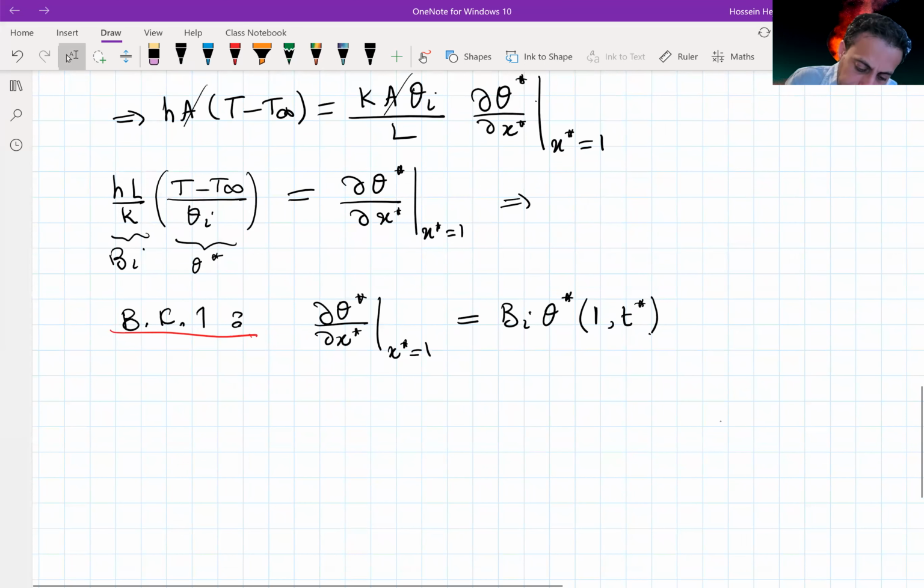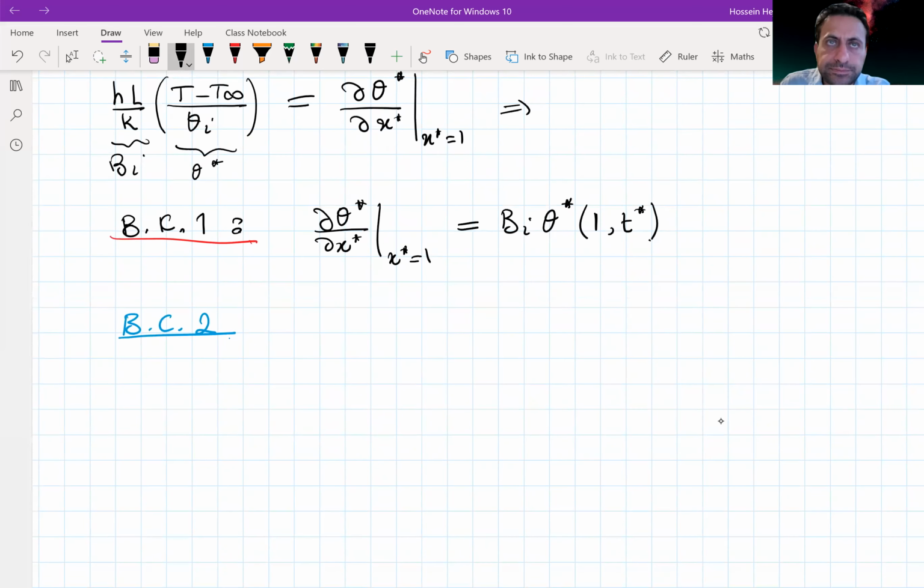For boundary condition number 2, what we can use is the symmetry of the temperature profile.